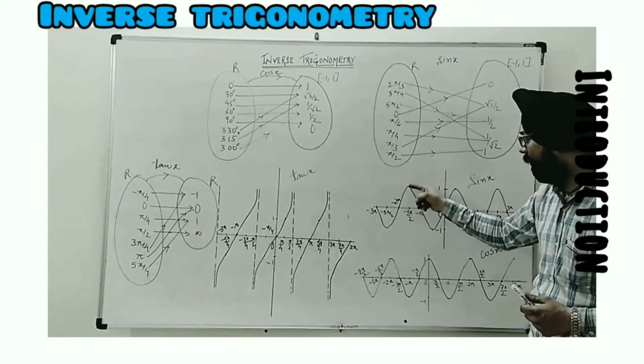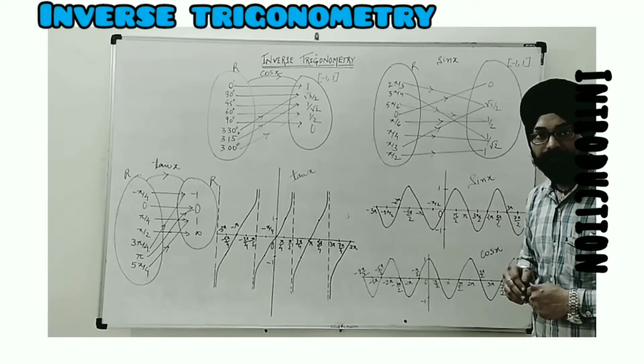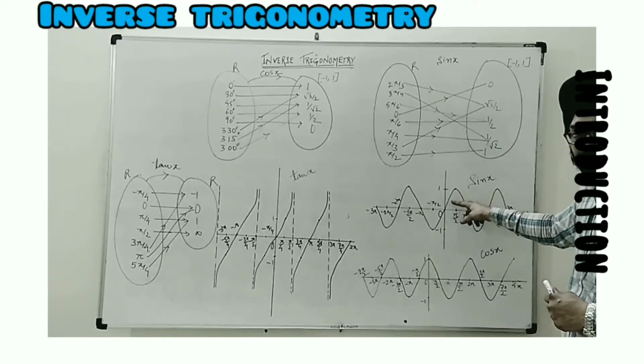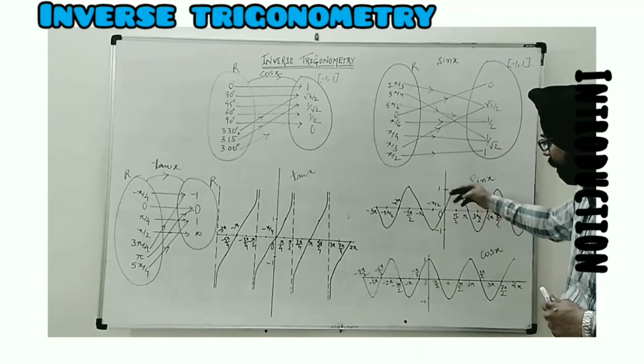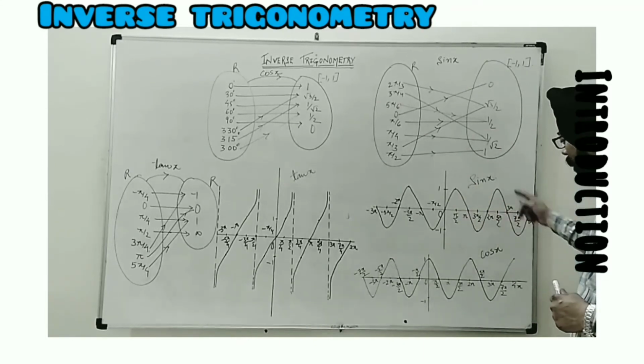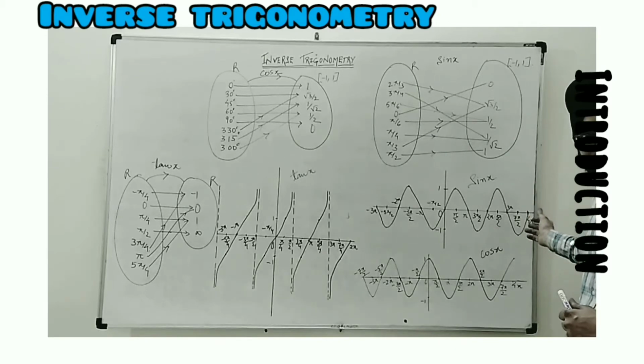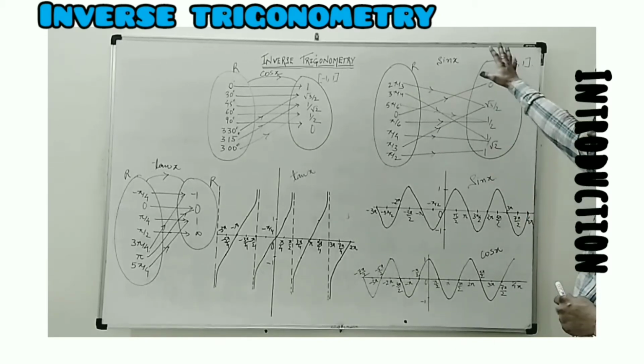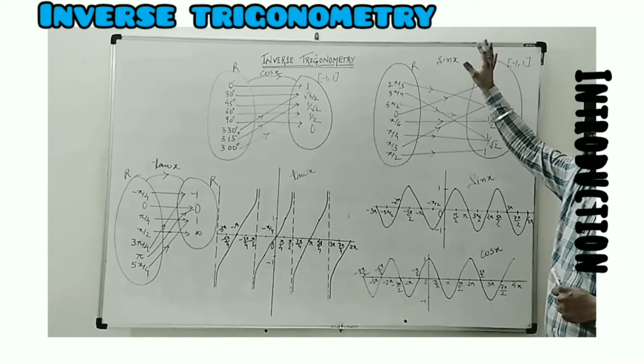On the left-hand side also we have image 1. Similarly, not only for pi by 2 but for all values, whatever image is available keeps repeating again and again, infinitely. So it is sure that sin x is not a bijective function.